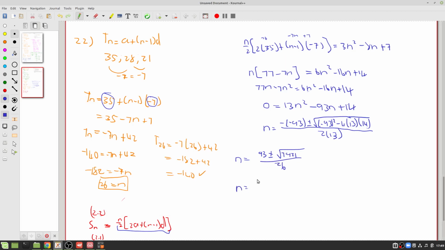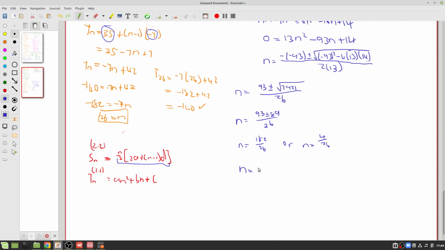So n equals 93, the square root of that is 89. So plus minus 89 over 26. So n equals 93 plus 89, so 182 over 26, or n equals 93 minus 89, so 4 over 26.